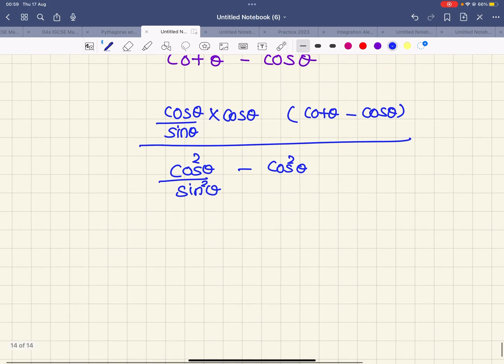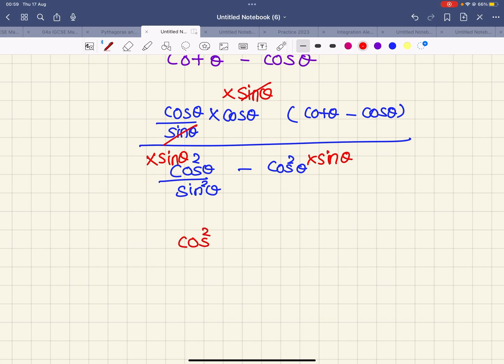So I've got cos squared here basically. What I can do is I can take this sine, so I can multiply this by sine and this side by sine and this side by sine, so that the sine there cancels.